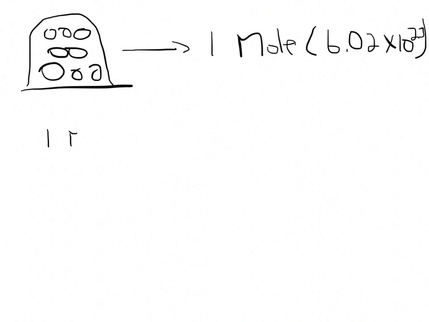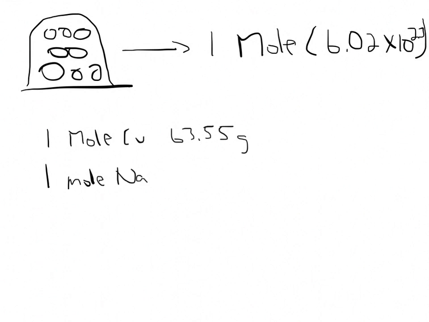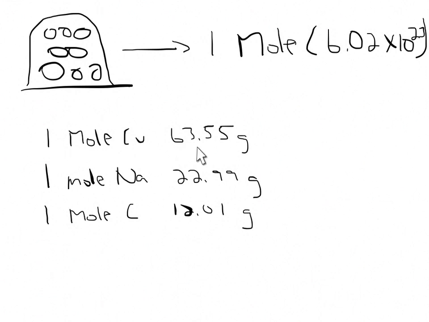So 1 mole of copper atoms, we've already done this, would have a mass of 63.55 grams. 1 mole of sodium atoms would have a mass of 22.99 grams. 1 mole of carbon atoms would have a mass of 12.01 grams. Even though these are different masses, there would be the exact same number of atoms in each sample.